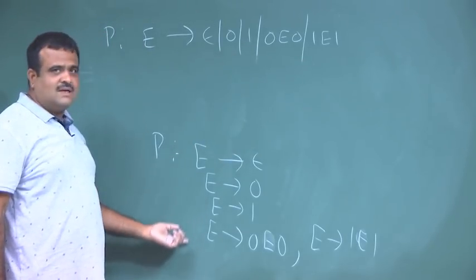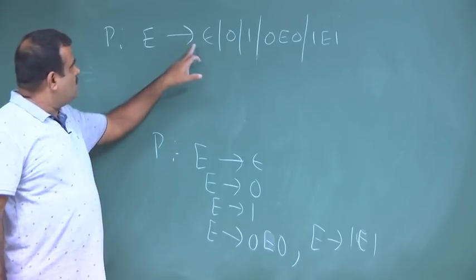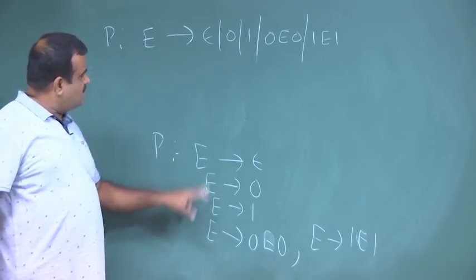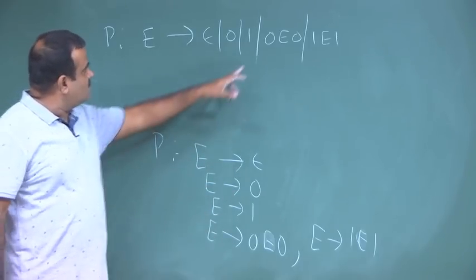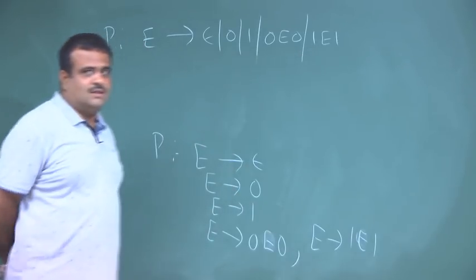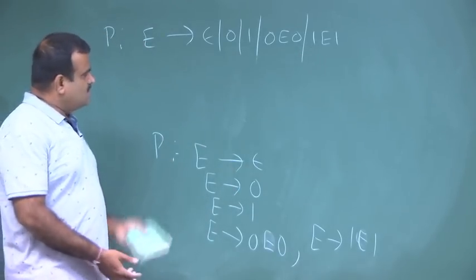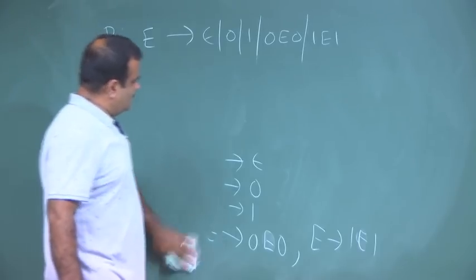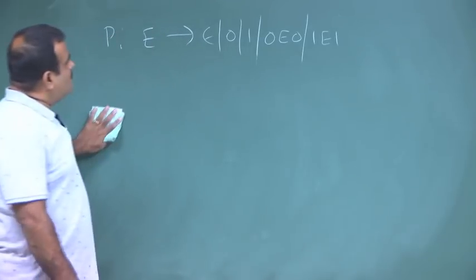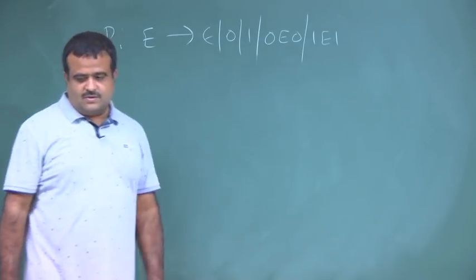Because all the variables are E, we can write it in one line. First rule, E goes to epsilon; second rule, E goes to 0; third rule, E goes to 1; fourth rule, E goes to 0E0; fifth rule, E goes to 1E1. This is just another way of writing it, nothing else, and this accepts all the palindromes.